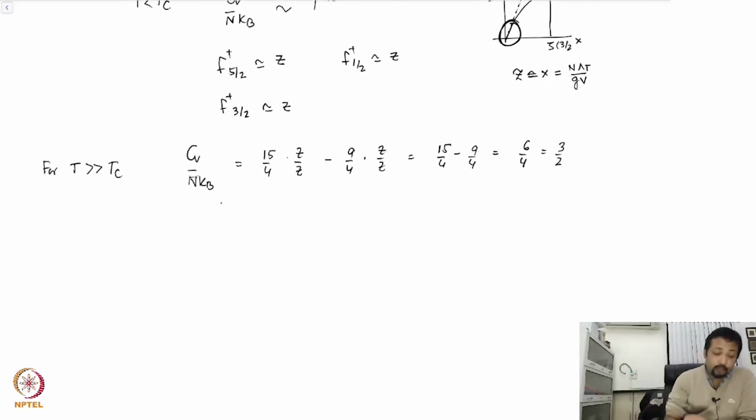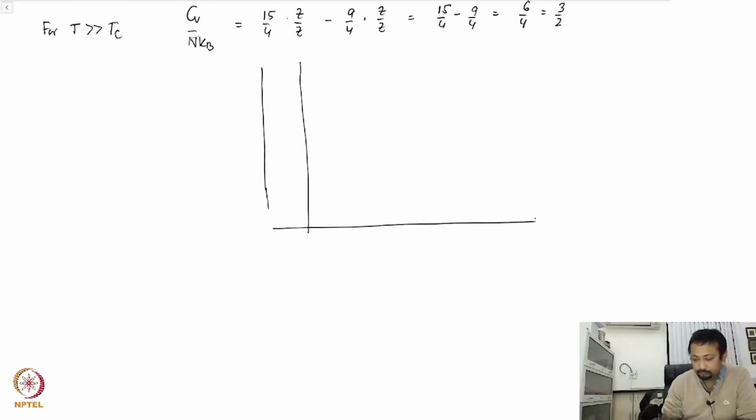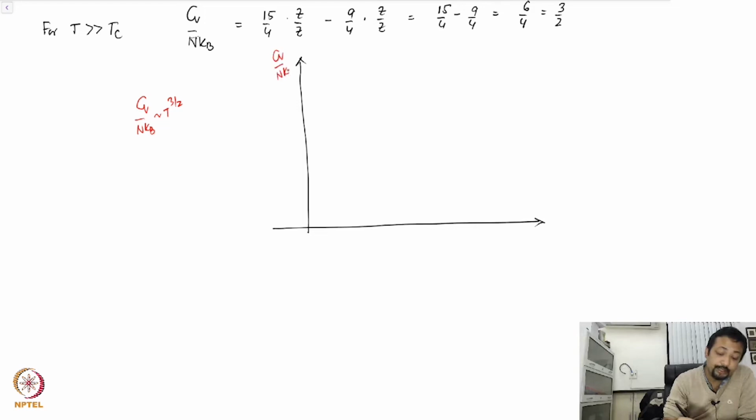So if I now want to plot the specific heat, for T less than Tc, Cv over NkB goes as T to the power 3 by 2. So this is Cv over NkB, right?